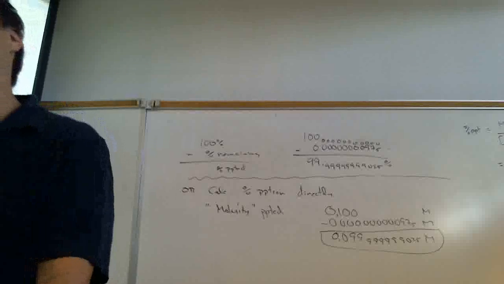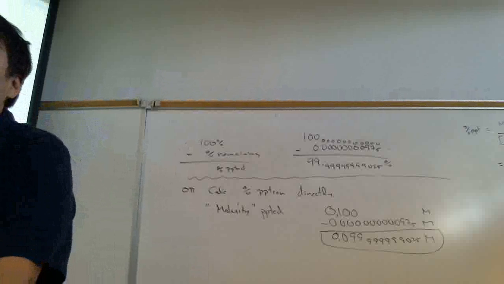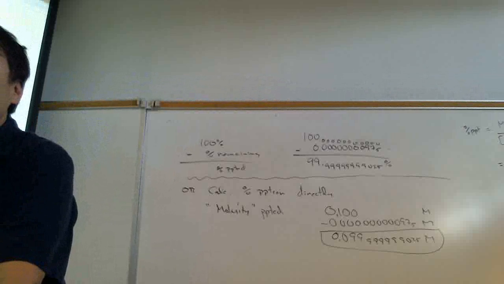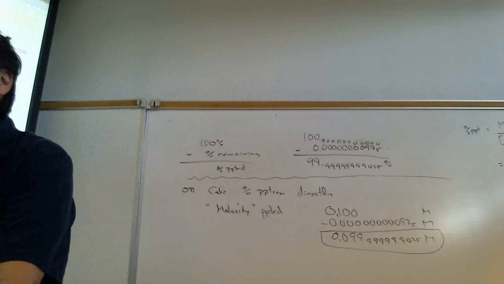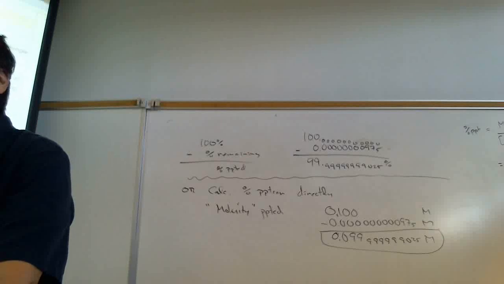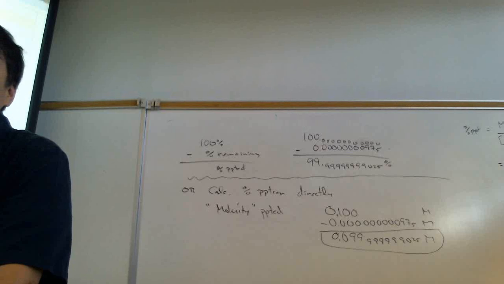Where do you want to draw the cutoff? Where would you say that's good enough? We've gotten practically all of it. 4 nines sounds pretty good. You know, 99.99. Maybe 5 nines, 6 nines, 3 nines.